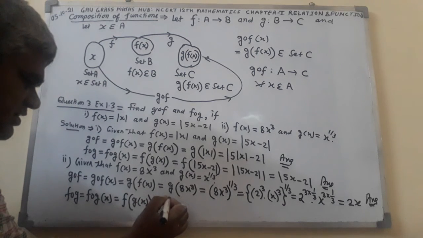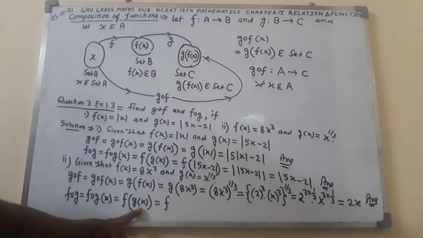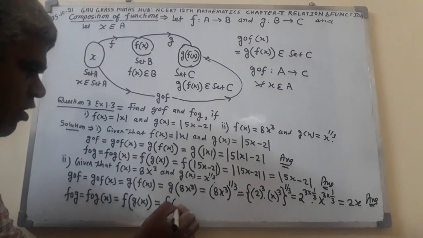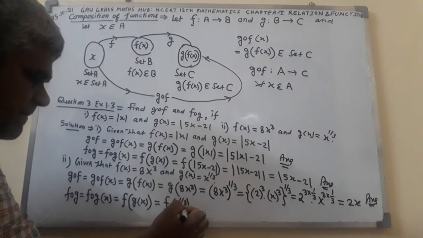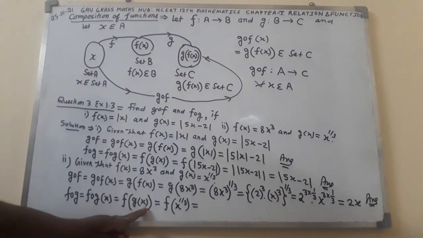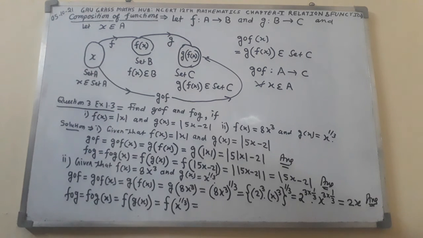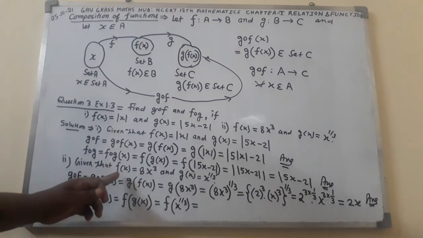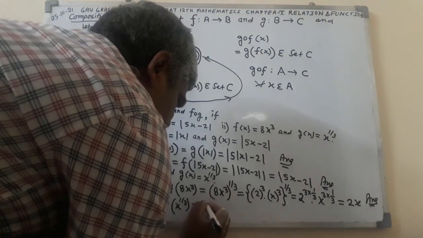Again I shall write f, in place of g of x, I shall write x raised to the power 1 over 3. g of x equal to x raised to the power 1 over 3. And from here I shall take f of x, 8. So here I shall write 8.